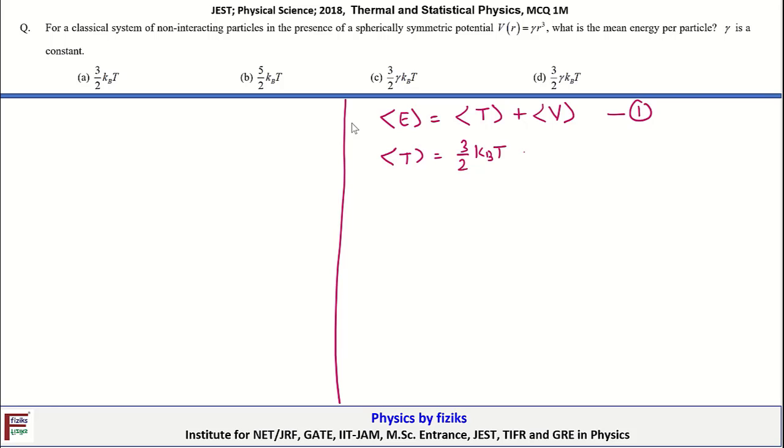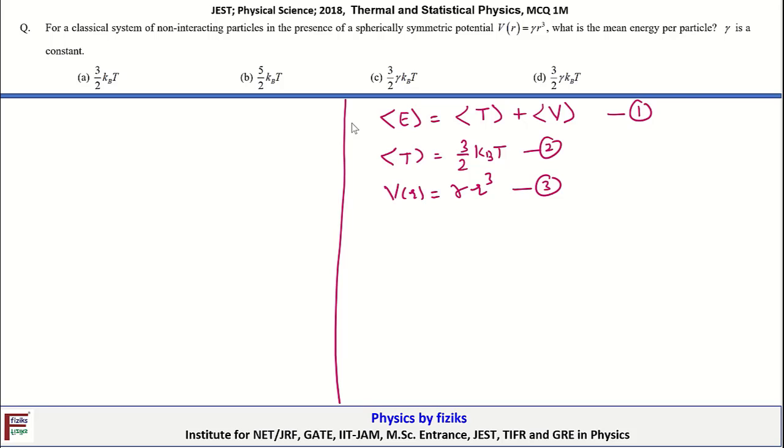Now the next point is how to determine the mean potential energy. Here we will apply the given potential, a spherically symmetrical potential V(r) equal to gamma r cubed. It's basically a three-dimensional potential.